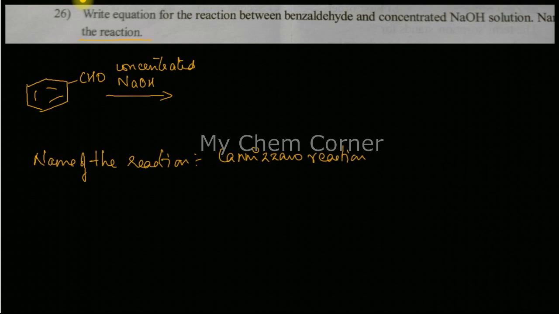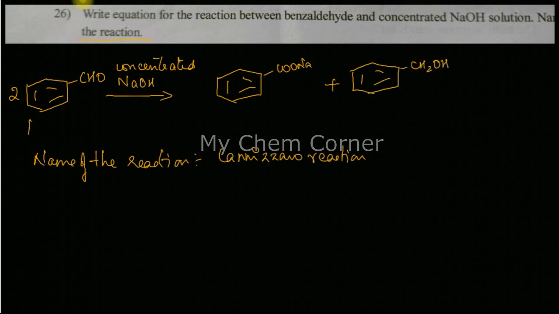So in Cannizzaro reaction, you need two of this reacting with concentrated NaOH. In one of it, you're going to form sodium salt of carboxylic acid, the benzoic acid, and the other one is going to give you benzyl alcohol.